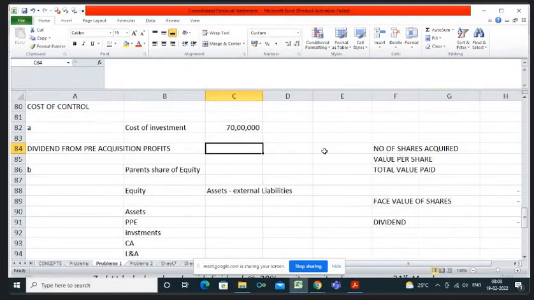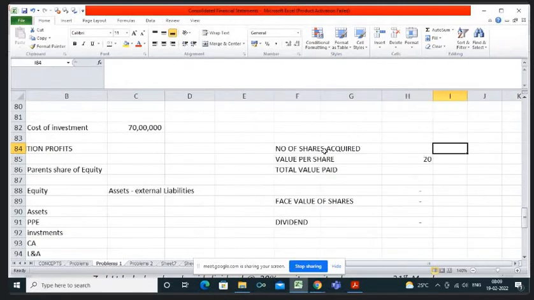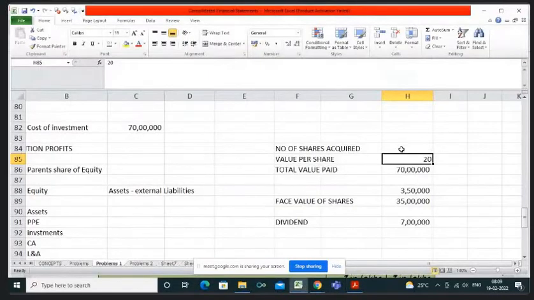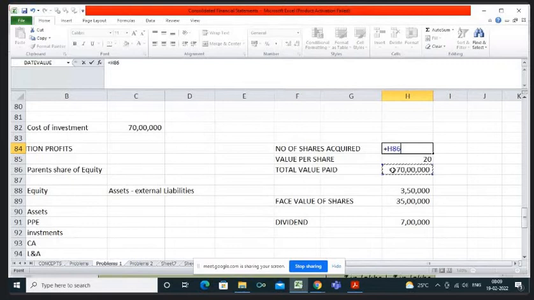For that we have to find out the number of shares acquired, the value per share, and the total value paid. The total value paid is 70 lakh. The share price is that they paid rupees 20 per share. So how many shares they would have acquired? 70 lakhs is the amount paid, and for every share they paid 20 rupees. It means they have purchased 3,50,000 shares.